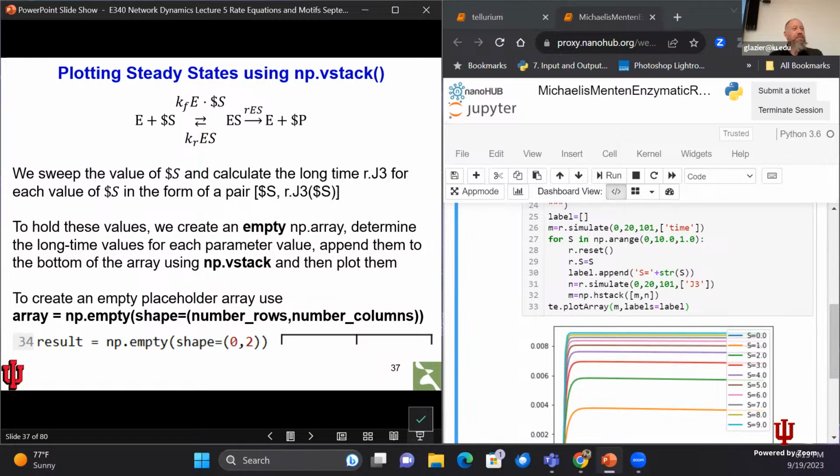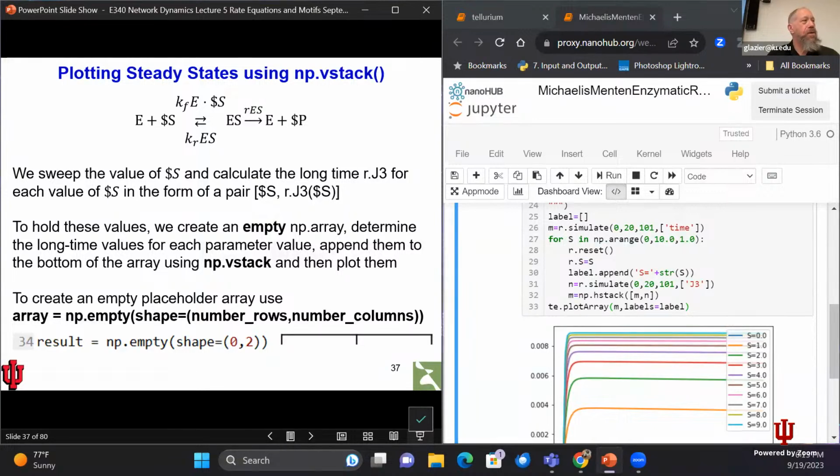In which case, if you ask ChatGPT, please give me a parameter scan to do X for a Tellurium model, it may very well know how to do it. And then you don't have to remember these things. Instead of dredging your way through the NumPy manuals, it's sometimes much faster to ask ChatGPT. I certainly do that at home, so I encourage you to do it at home as well.